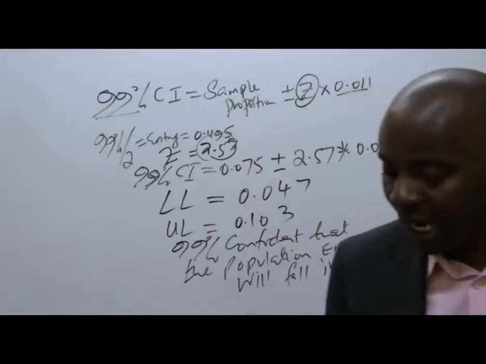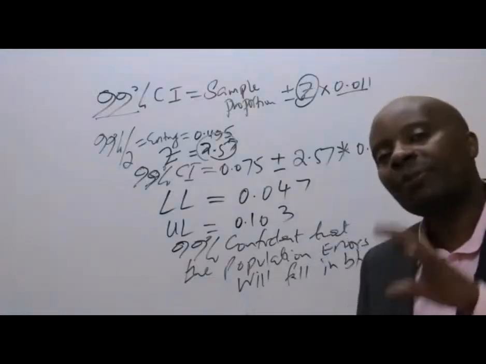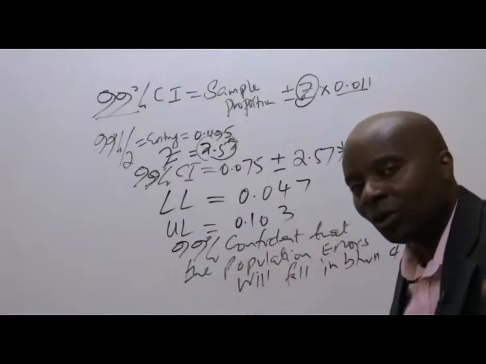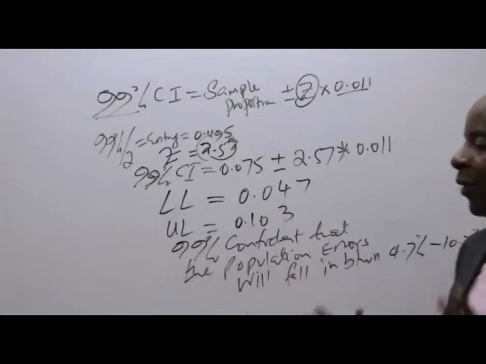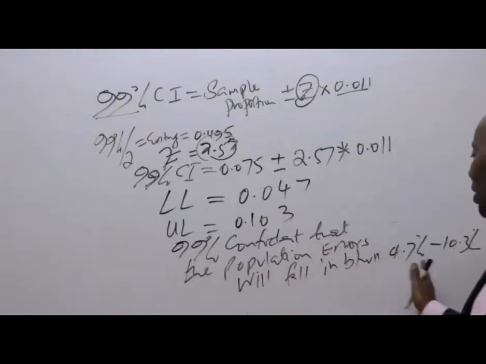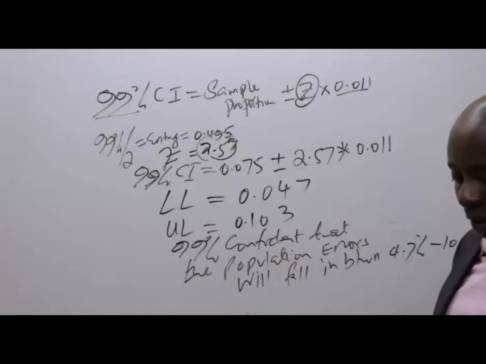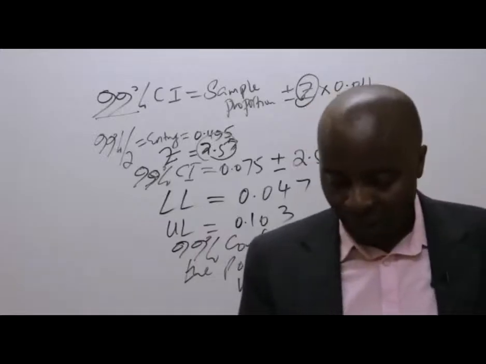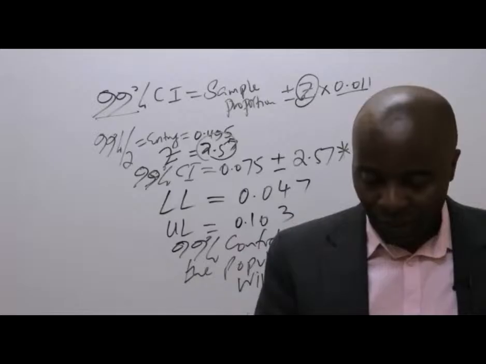We are 99% sure that should these people go through all the accounts of the company, they are going to get the errors fitting in between here. I've just multiplied this by 100. So the upper limit and the lower limit, I want to believe that is okay with everyone.